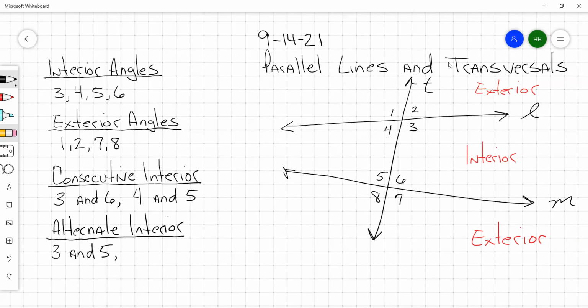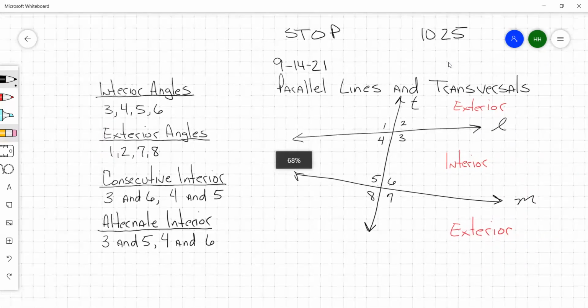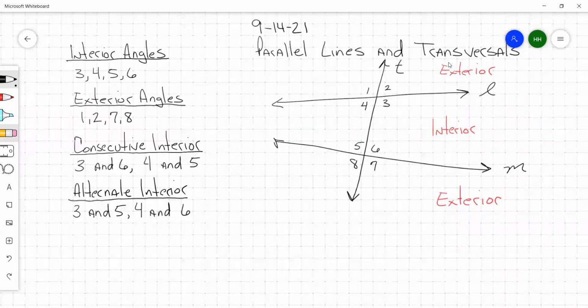And the other pair would be 4 and 6. Everybody all right with that?